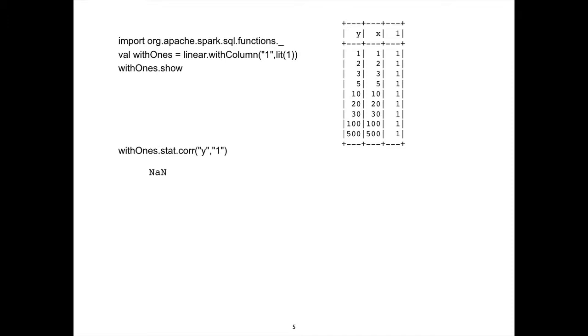And then what I did is, well, let's try something that's obvious. I created a constant column and asked, are those related? And the answer was, well, a NaN, right? And that makes sense. Why? Well, because if x is the independent variable and y is a dependent variable, what we have is a vertical line, right?